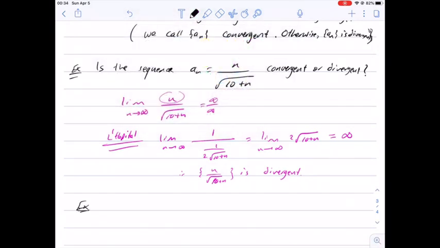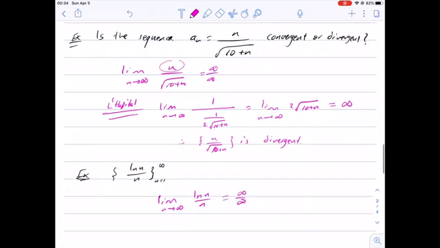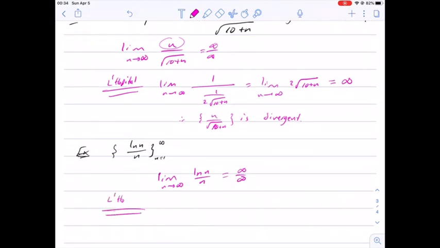Let's take another example. If we want to find the limit of the sequence ln n over n from 1 to infinity, let's take the limit as n goes to infinity of natural log of n over n. If we substitute infinity, we get infinity over infinity. So we apply L'Hopital's rule.